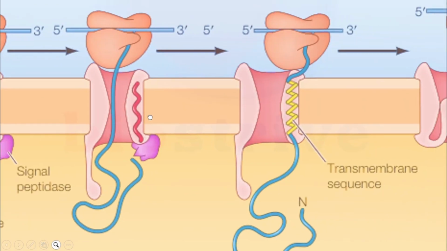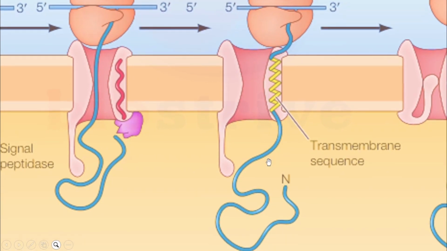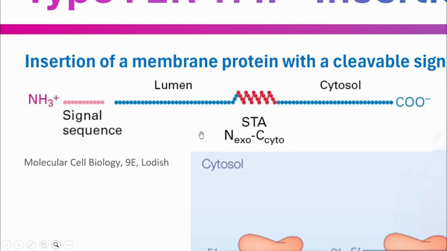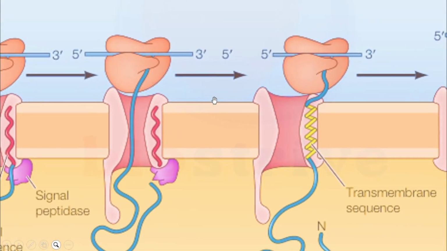The lateral gate opens and this signal sequence will be transferred to the membrane itself and will be degraded proteasomally. The rest of the protein will be transferred to the lumen until we reach the stop sequence. The same stop sequence is shown here. When the stop sequence comes, there are hydrophobic amino acids.